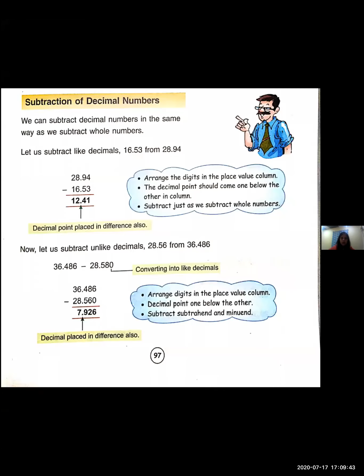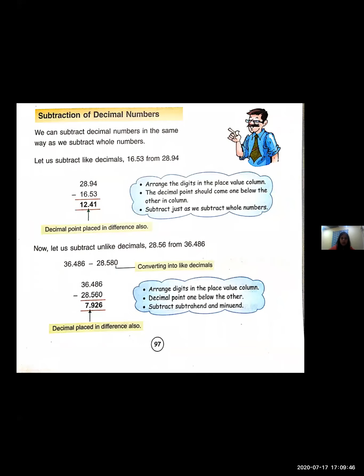For like decimals, we arrange the digits in the place value columns. The decimal points should come one below the other in the column, and we subtract just as we subtract whole numbers. This is the process of subtracting like decimals.